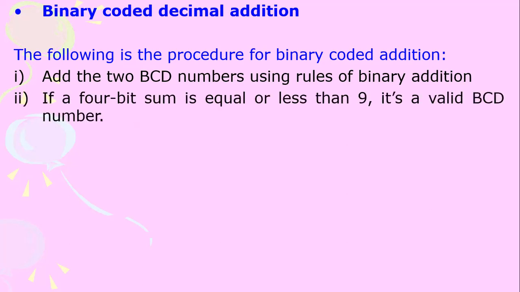Number 2, if a 4-bit sum is equal or less than 9, then it's a valid BCD number.